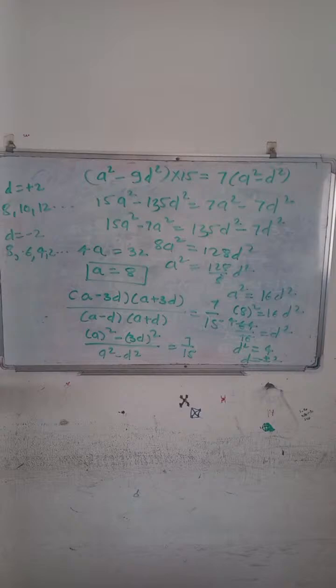So write down the next question. Find the values of a, b and c such that the numbers a, 7, b, 23 and c are in AP.